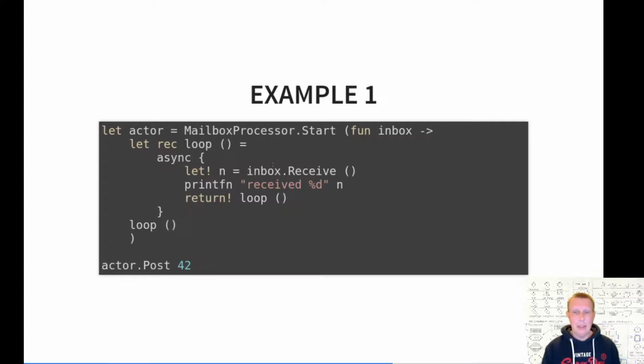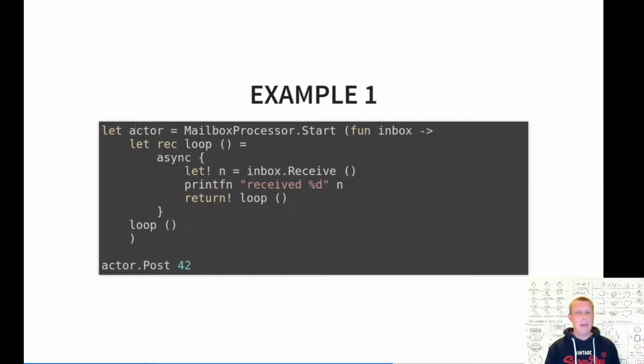It will just sit here and wait until somebody posts a message to it, and then inbox.Receive will hand off the result of the receive, and here we just print it out, and then you just loop back. And then the last thing we do is we just start this infinite loop before we exit. So what will happen here is that this mailbox processor will start, and it will just keep on looping.